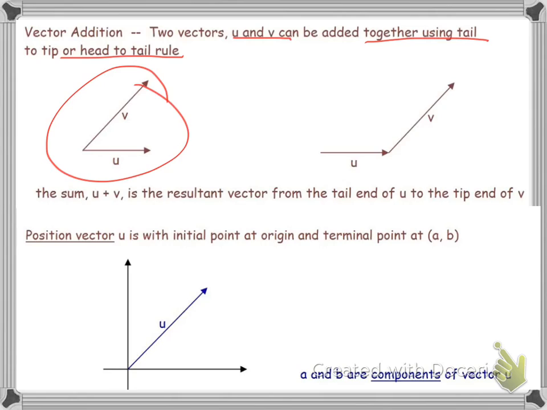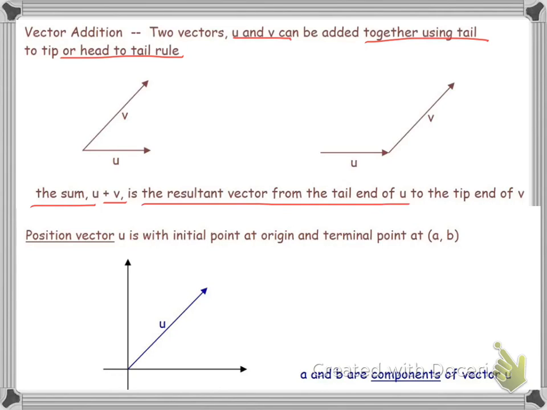Basically, you're given these two vectors here, and we can move v so the tail of v is at the head of u, and the sum of u and v is the resultant vector from the tail end of u to the tip end of v, meaning from here to there is the resultant vector. And so that vector is u plus v.